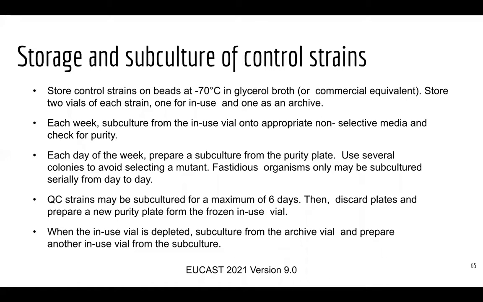In that way you've got your long-term stock, which is stable. You've got your plate for taking new colonies or for setting up a new culture, and then during the week when you're doing all your work, you've got your quality control strains ready for inoculation.